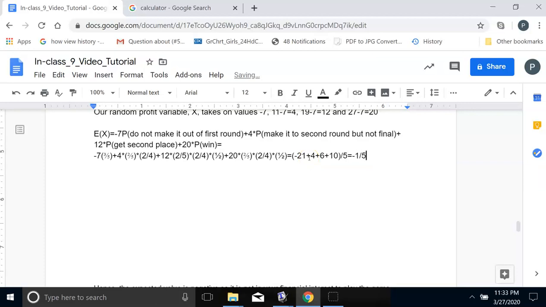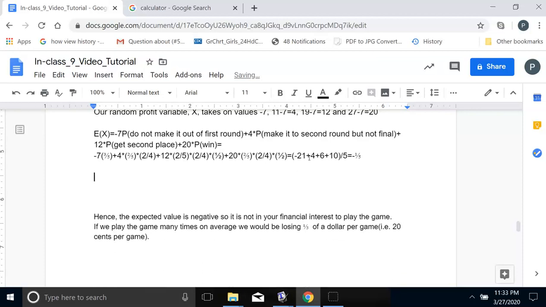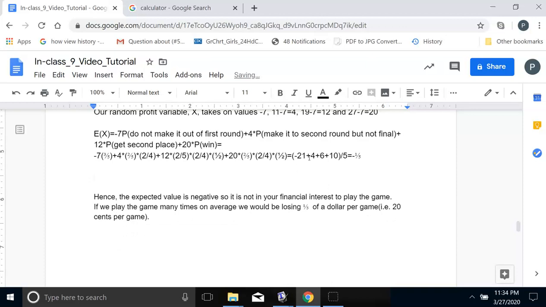So our expected value is negative, hence it is not in our financial interest to play the game. In particular, if we play the game many times, on average we would be losing 1/5 of a dollar per game, which is 20 cents per game.